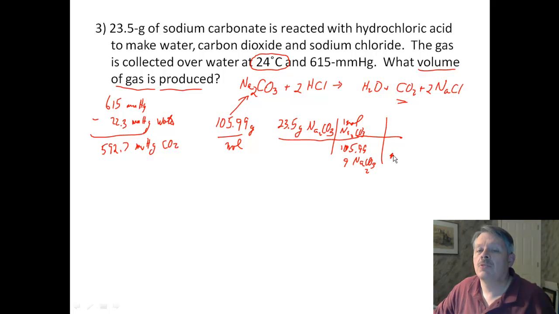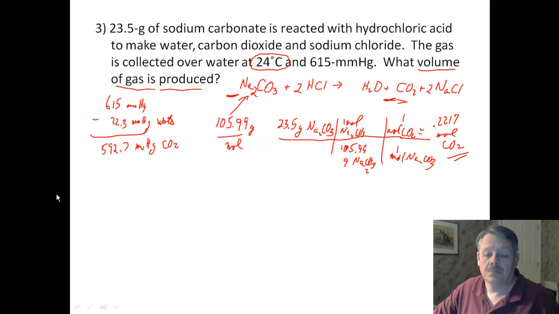And then I have to go from moles of sodium carbonate to moles of CO2. And let's see, I have 1 mole of CO2 over here, and I've got 1 mole of sodium carbonate over there, so they'll cancel each other out. All right, so I do the math here, and I get 0.2217 moles of CO2.